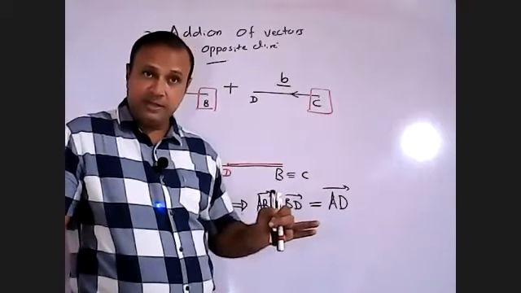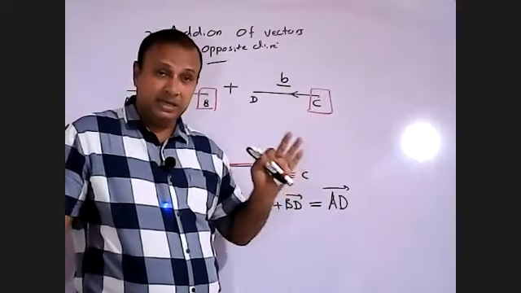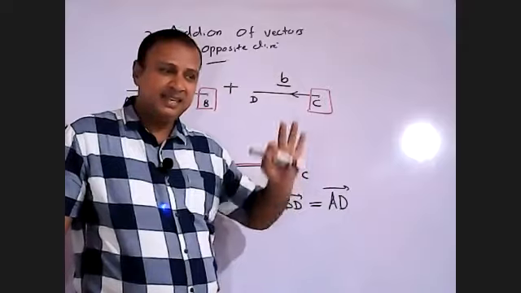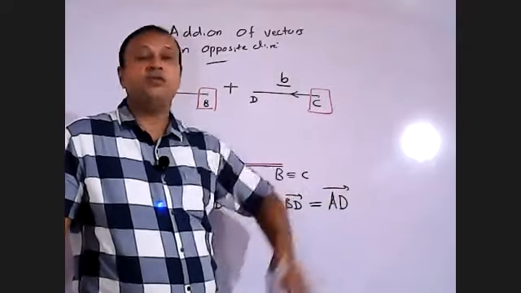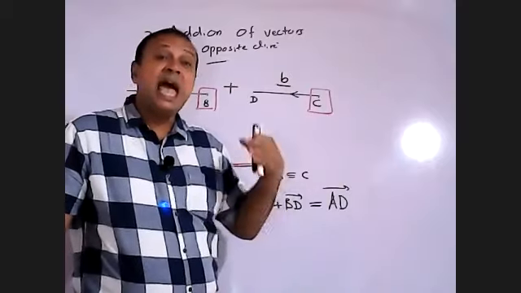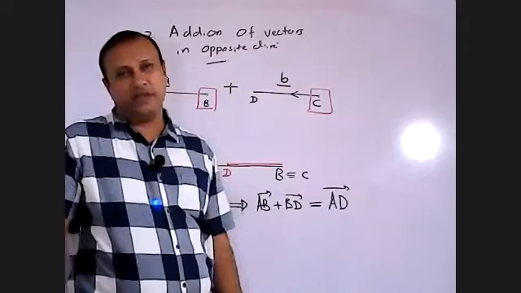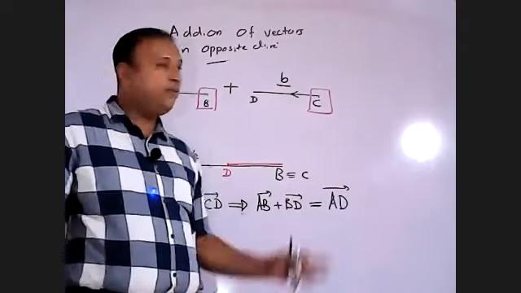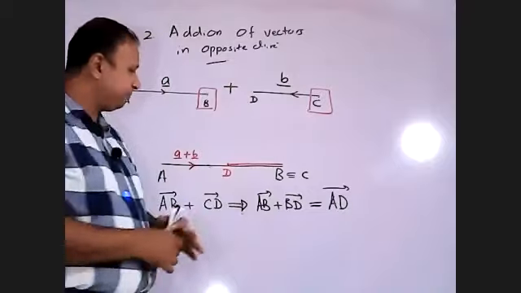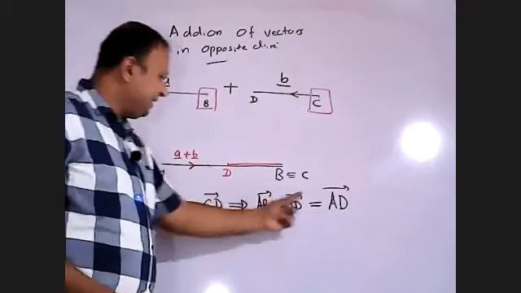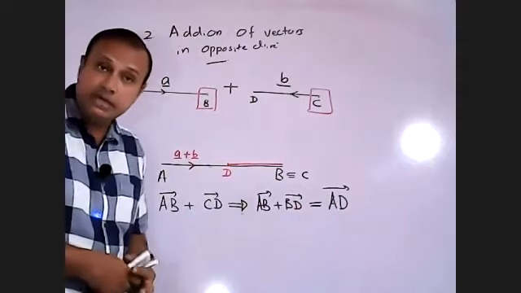Normally, the resultant of two vectors is the vector that can replace both vectors. That means the addition of two vectors is called the resultant vector. So AD is the resultant vector of AB and BD.